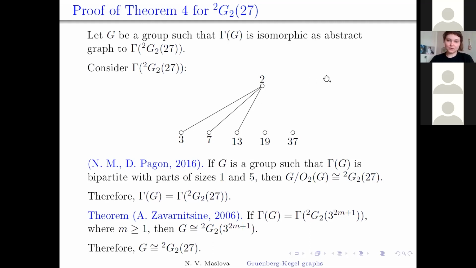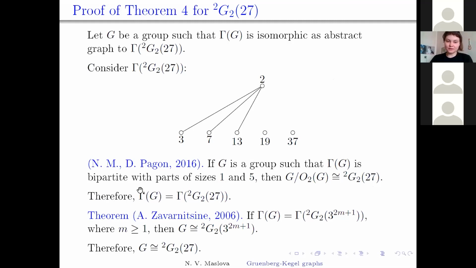And from our paper with Dush and Pagon 5 years ago, if G is a finite group such that its Gruenberg-Kegel graph is bipartite with parts of size 1 and 5, then the factor group of G by the largest normal solvable subgroup of order a power of 2 equals the Ree group over the field of 27 elements.